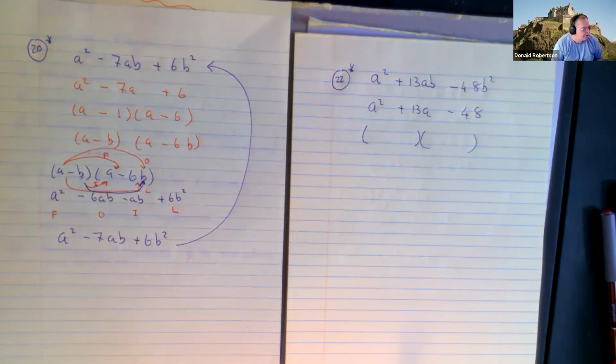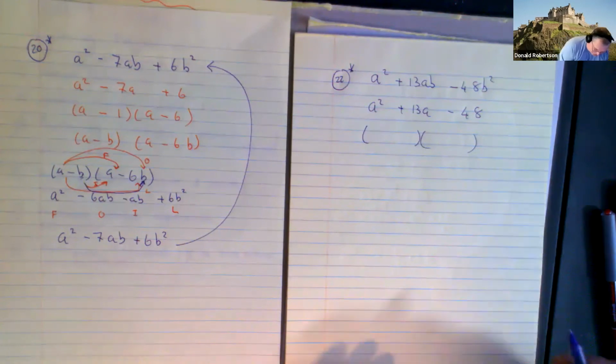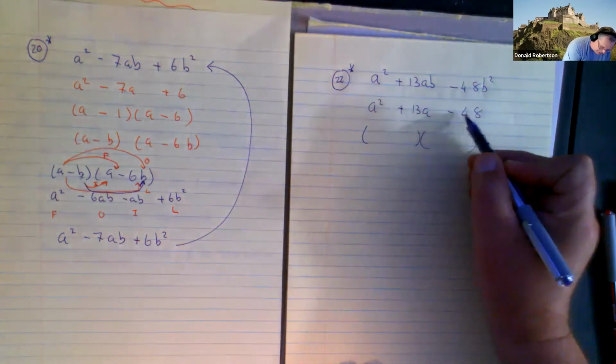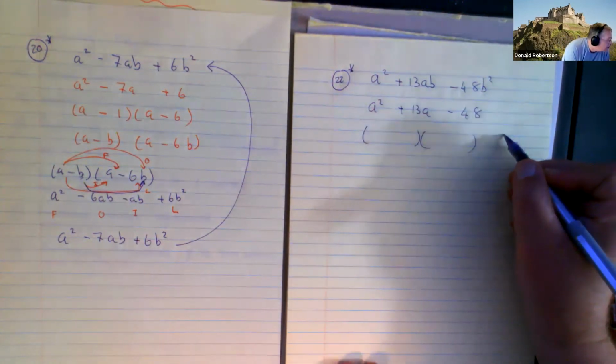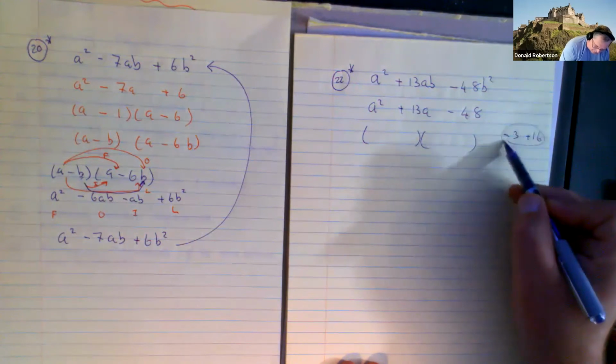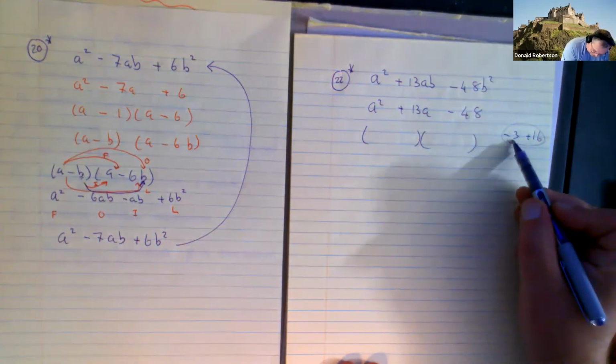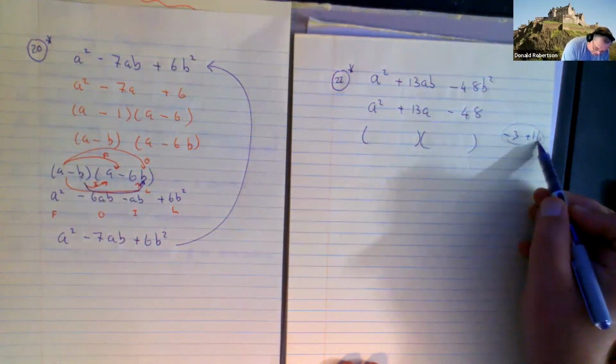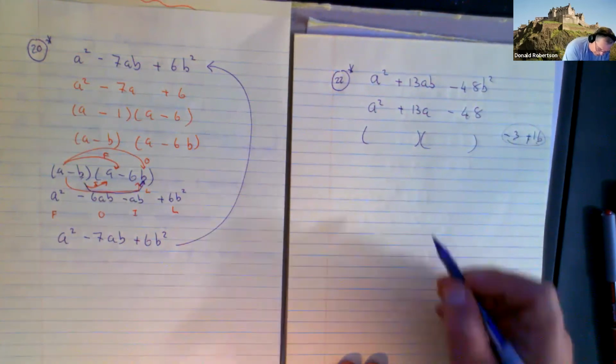So it's question 22. Just getting the answers from the computer, see what it says. So I'm going to be looking at, according to this one, negative 3 and plus 16. Let's check. Yep, they multiply to give you negative 48, and if you add them together, you do get plus 13.